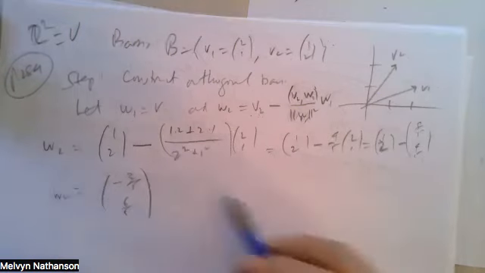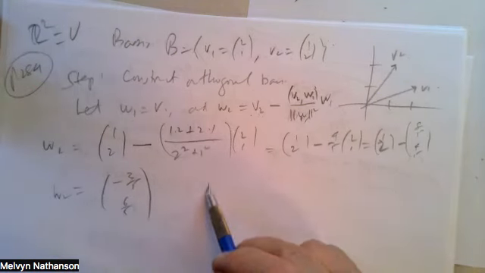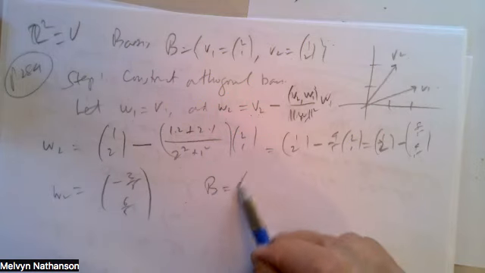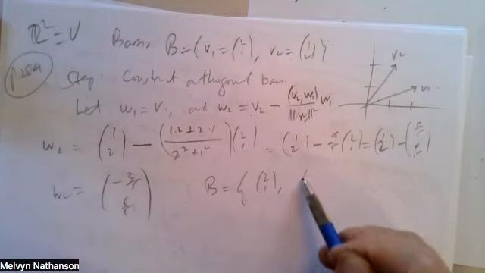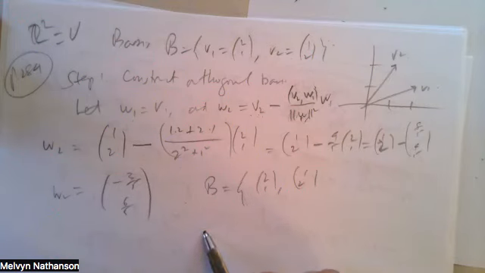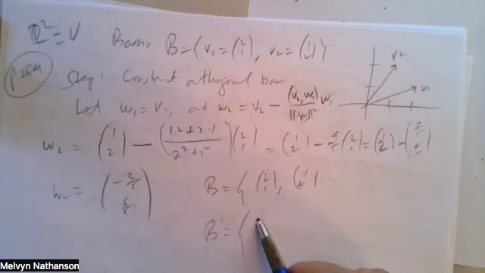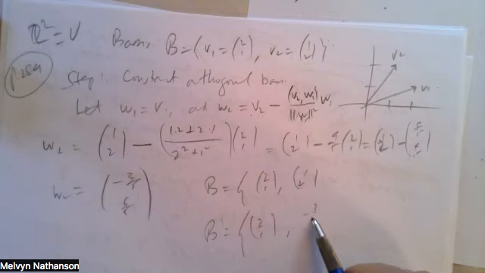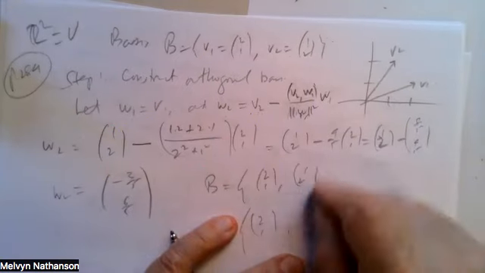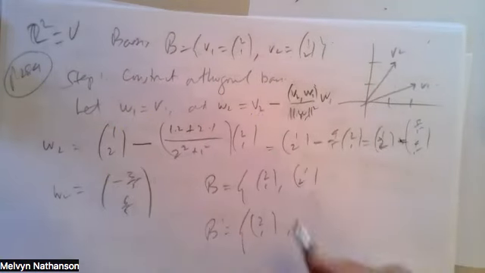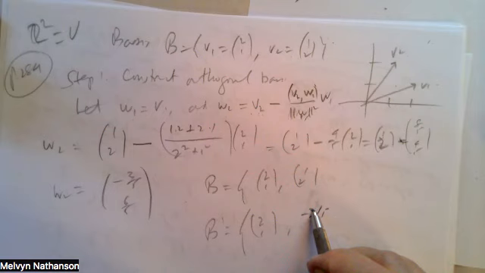So I start with the basis B, which consists of the vectors 2, 1, and 1, 2. I get a new basis called V prime, which consists of the vectors 2, 1, and minus 3/5, 6/5.